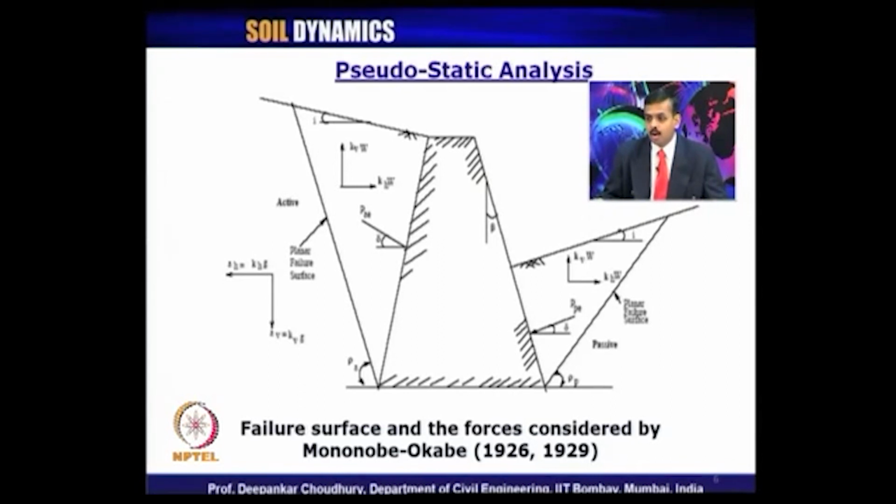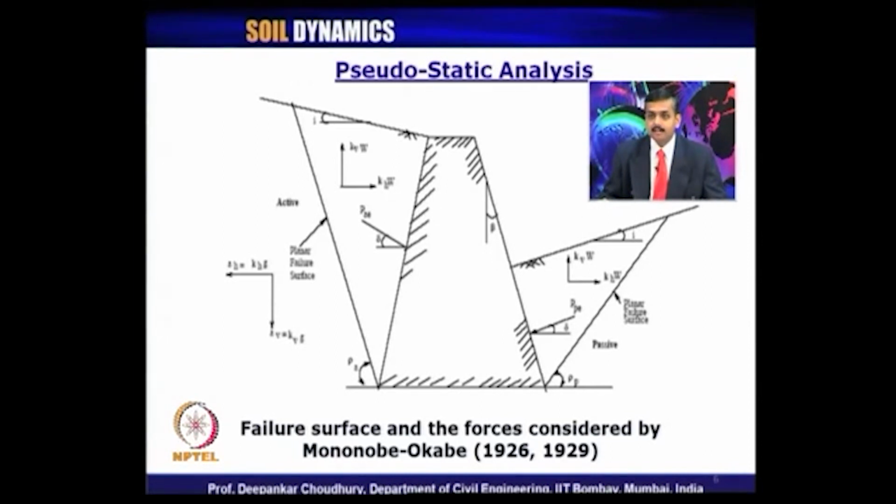We know from the Coulomb earth pressure theory, to find out the active earth pressure, we consider different failure surfaces at different angles of inclination with respect to horizontal, and then we optimize or maximize the active earth pressure with respect to this angle.